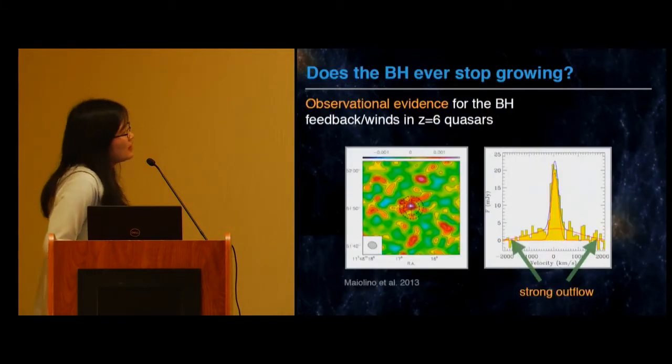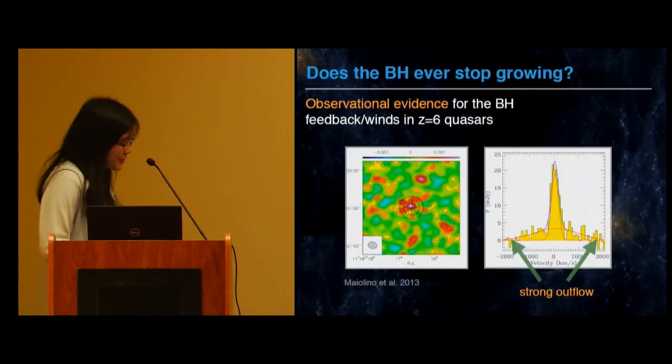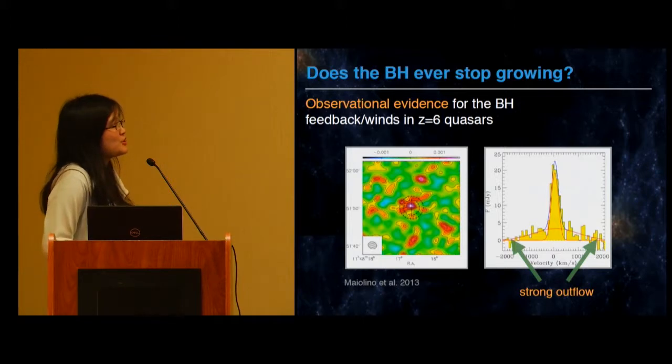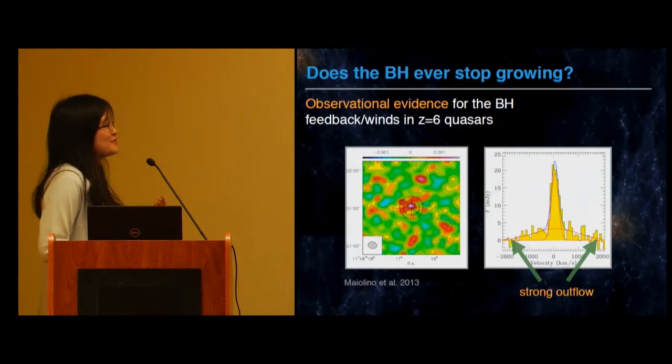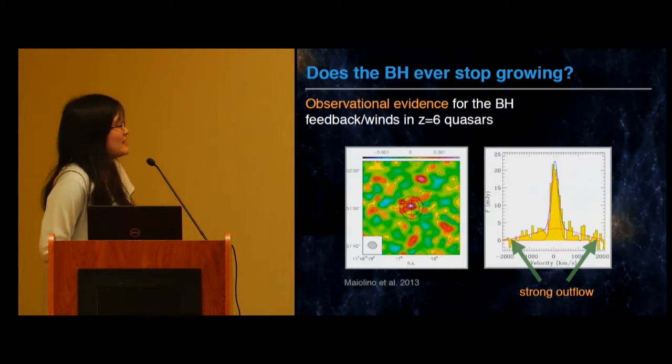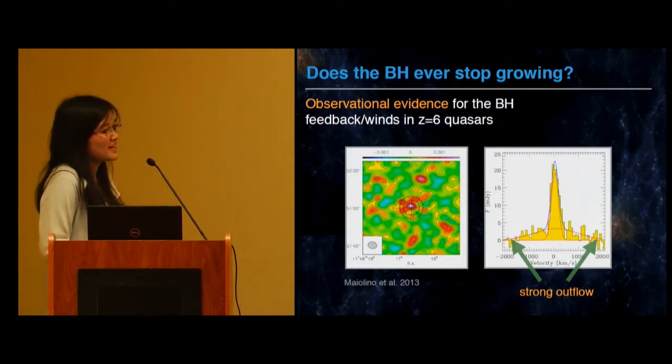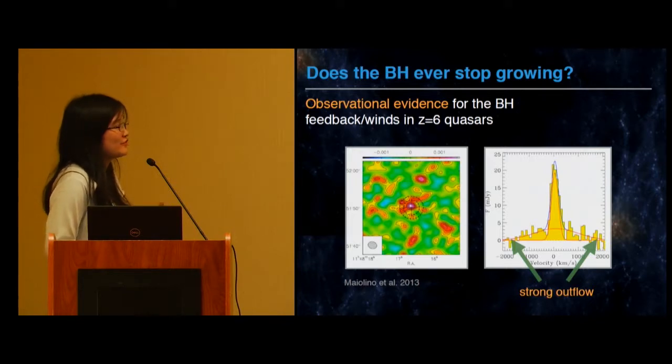So one question to ask is, will those high redshift black holes ever stop growing? Is there any mechanism that can prevent the black holes from keep accreting crazily? We know that the high redshift supermassive black holes are extremely luminous because during the accretion process there's a lot of energy dumped, so that we are able to see them this far away.